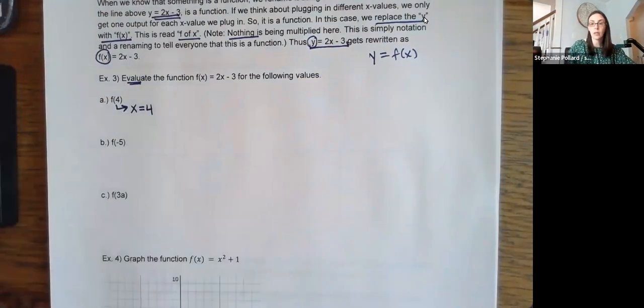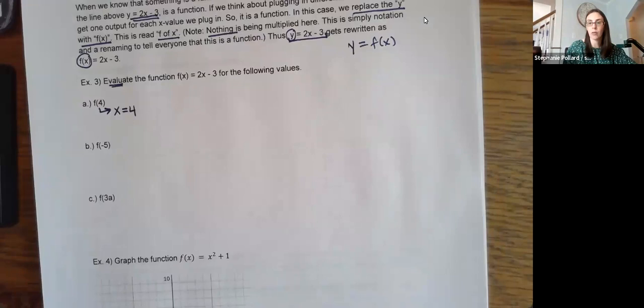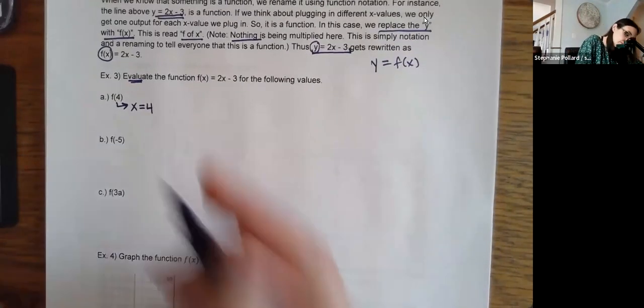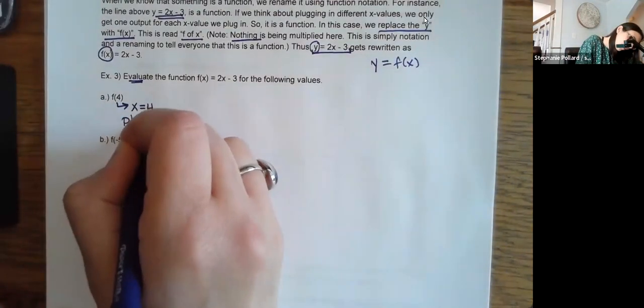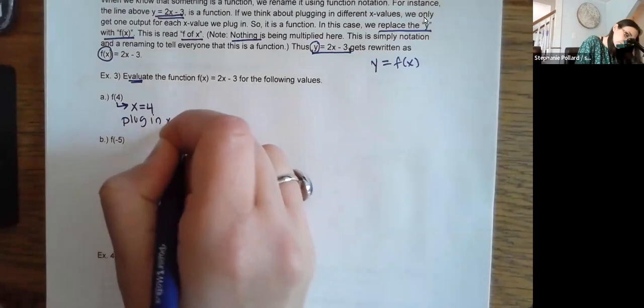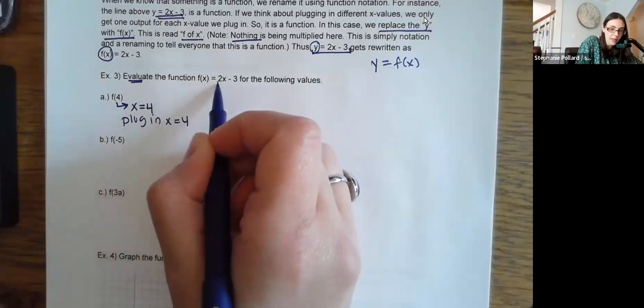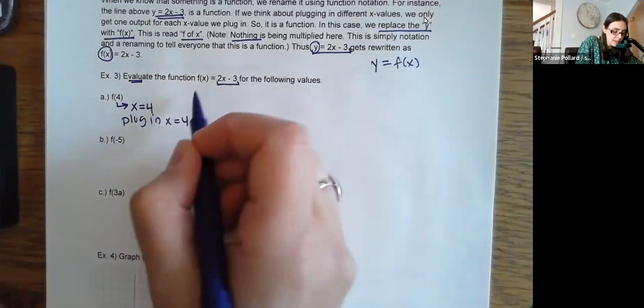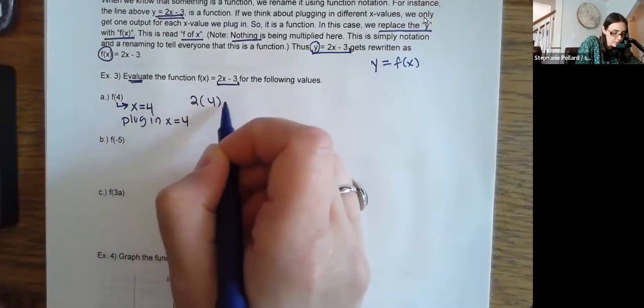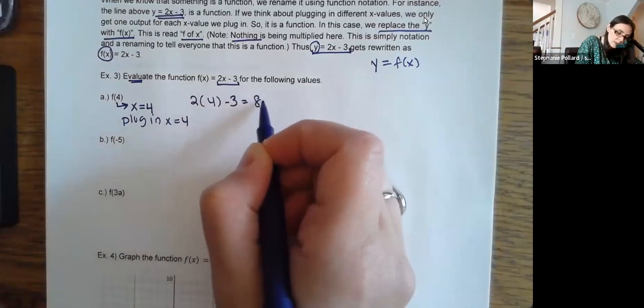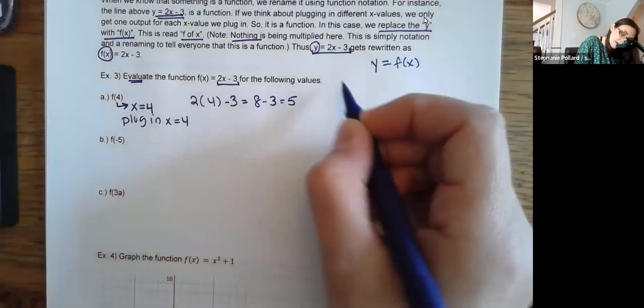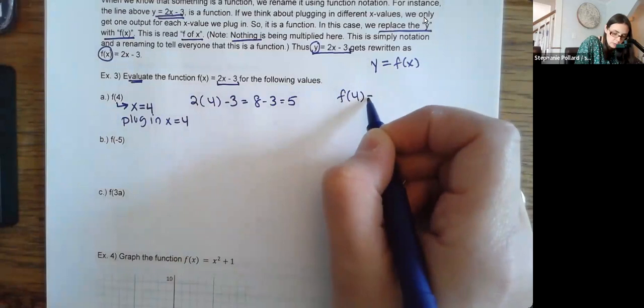So this is telling the reader, hey, plug in the number 4. So what I do is I take the right side of that equation, that 2x minus 3, and I replace the x with 4. So 8 minus 3 is 5. So f of 4 is equal to 5.